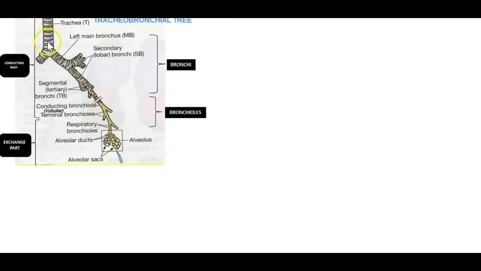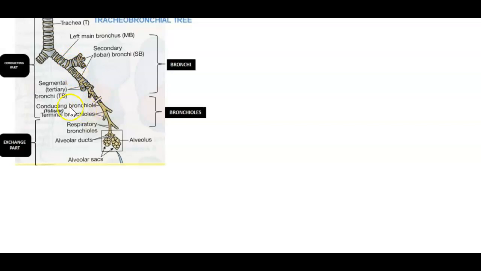The trachea divides or bifurcates into a left and right bronchus. So this is called the main bronchus. Then we have secondary bronchi, in other words, they branch off. And then we have what's called tertiary. We branch off again. So primary, secondary, tertiary.